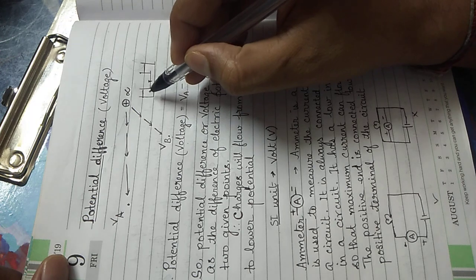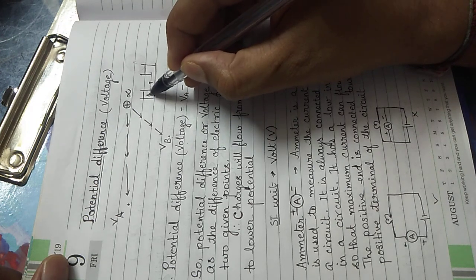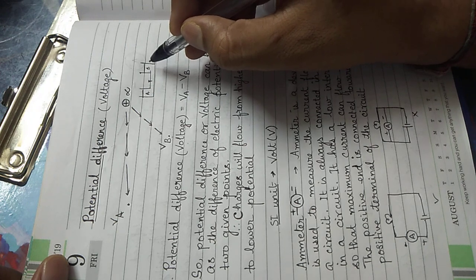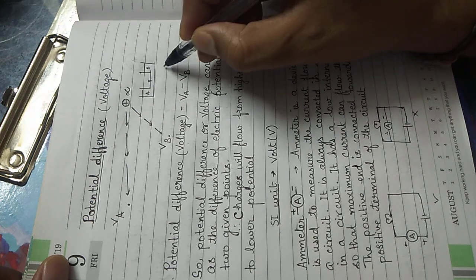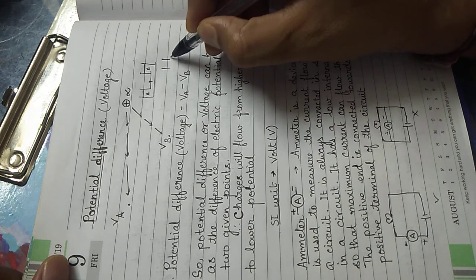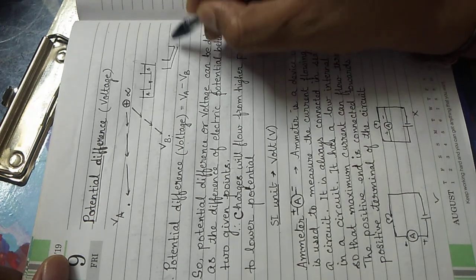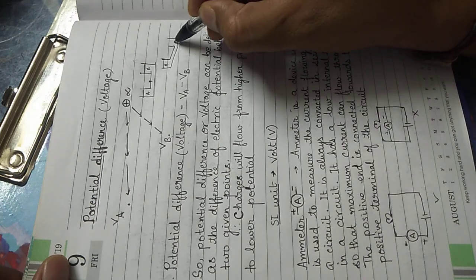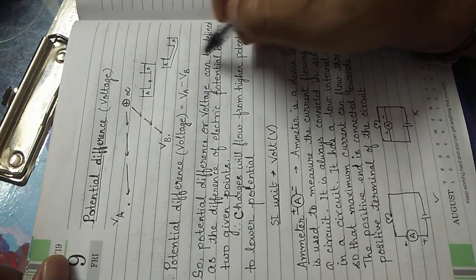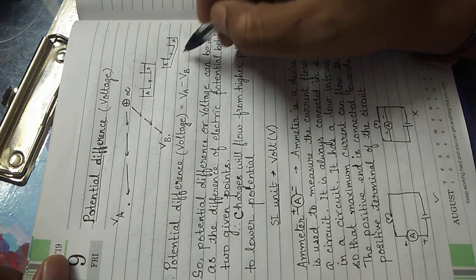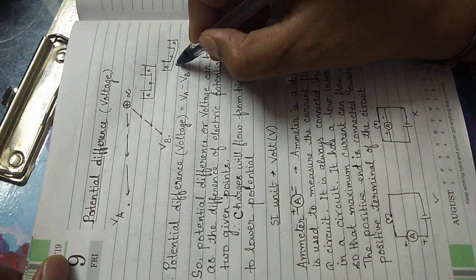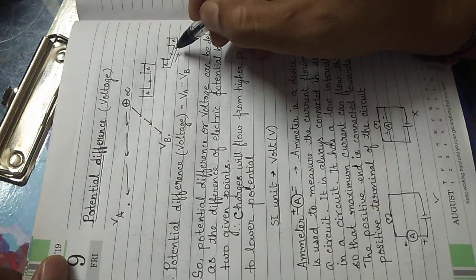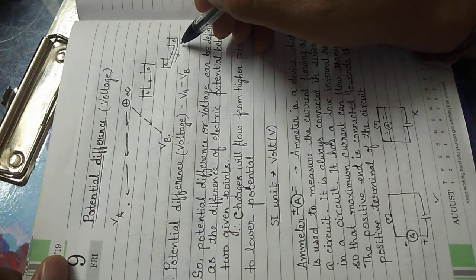Now when I open the valve, water will neither flow from A to B nor from B to A, because both are at the same level. Now if I keep one vessel on top and connect it with another vessel which is kept down, vessel A and vessel B, and if I open the valve in between, then water will flow from vessel A to vessel B. So there always needs to be a difference. Here it is a difference of potential energy.